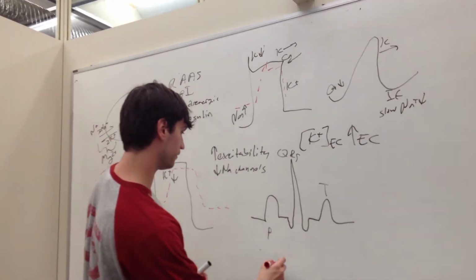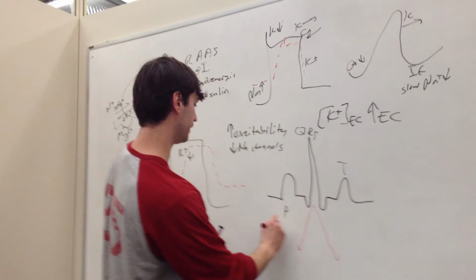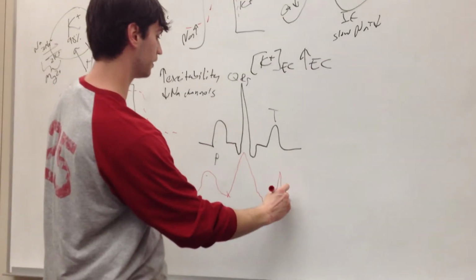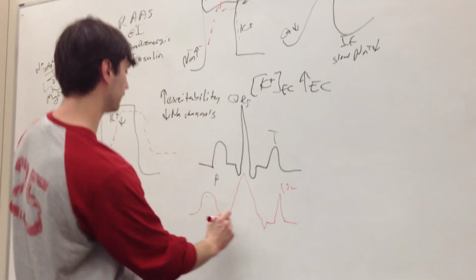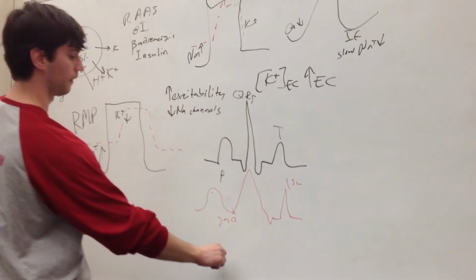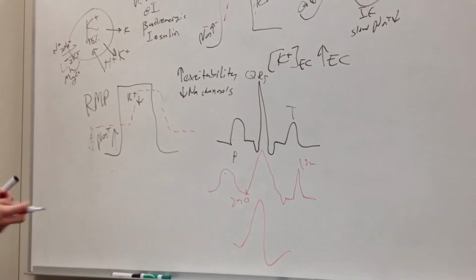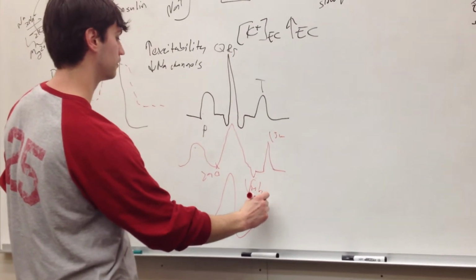What ends up happening is you get a widened QRS complex and a widened PR interval. Also, you end up getting peaked T waves, which is actually the first change. And then over time you end up getting sinusoidal waves, which is a sign of imminent cardiac arrest, possibly VFib or asystole.